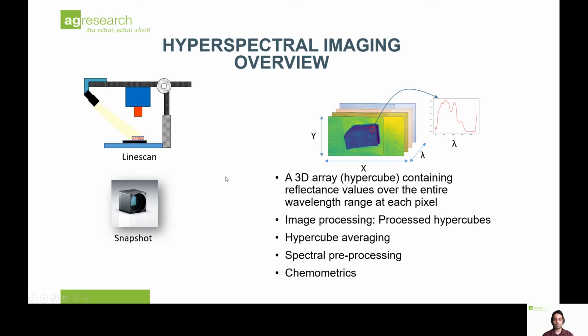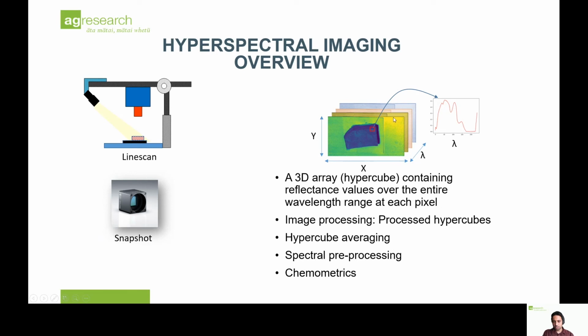What kind of data do we get from hyperspectral imaging? What we get is a 3D array known as a hypercube. It is a stack of 2D images at different wavelengths. These wavelengths depend upon the wavelength range of your hyperspectral imaging system. Here we will be focusing on the visible and IR region.